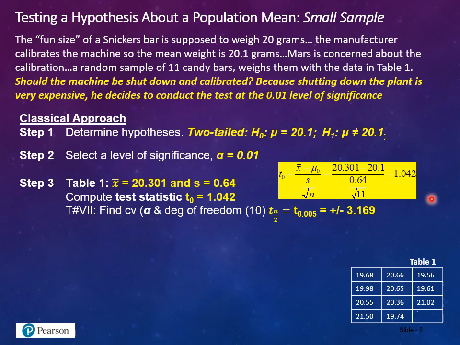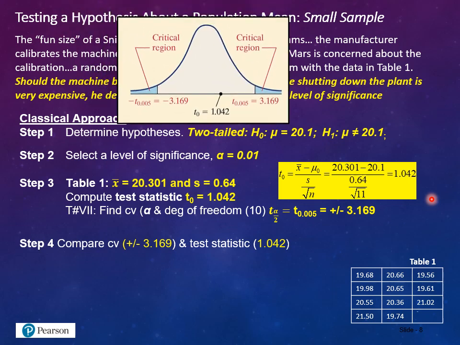And remember, these are going to be positive and negative of those t-values. So we compare the critical values plus or minus 3.169 and the test statistic. And here we can see them.